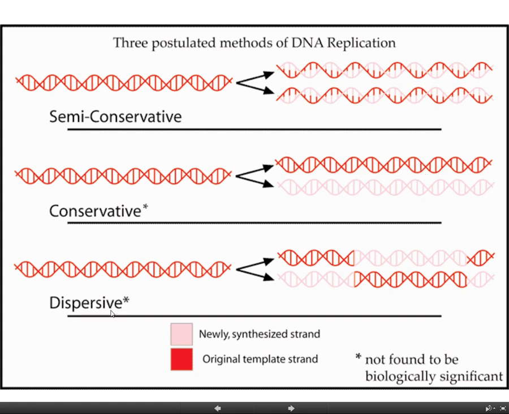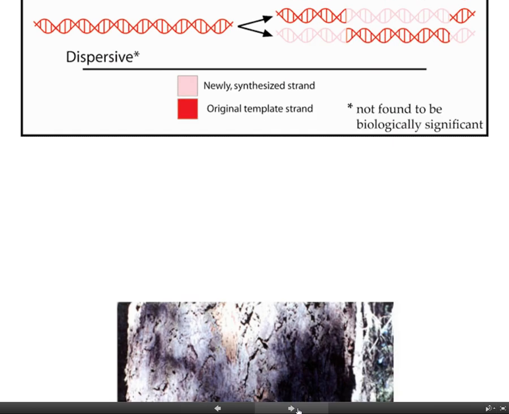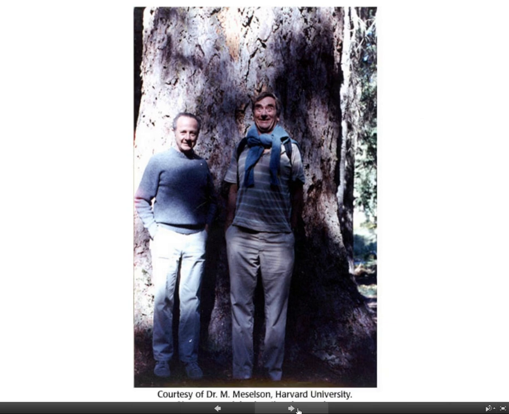Dispersive was the idea that possibly the DNA might be split into chunks, with some parts being original DNA and some parts being newly synthesized DNA. So scientists suspected it would be semi-conservative, but obviously, someone had to find evidence for that. So that's essentially where these 2 guys come in.